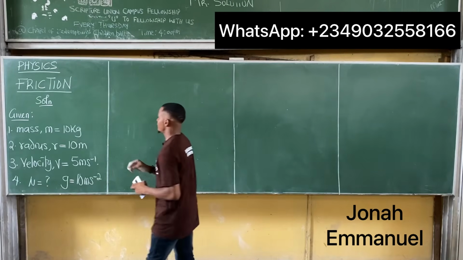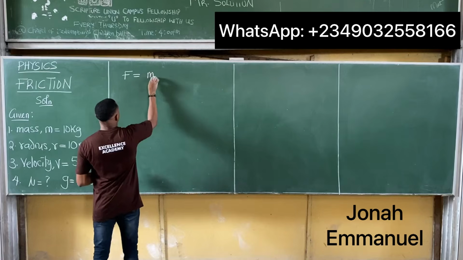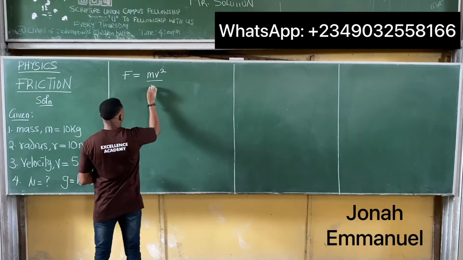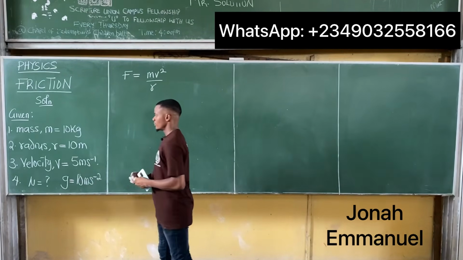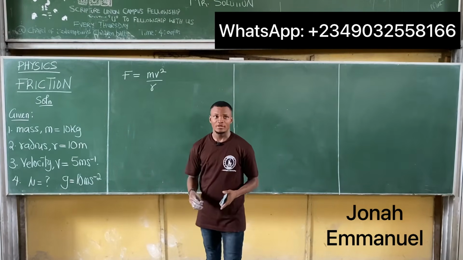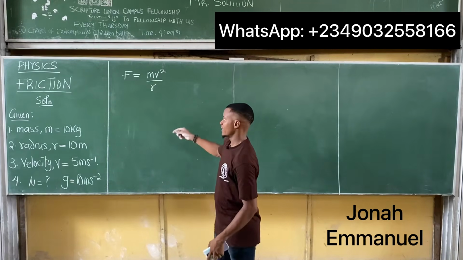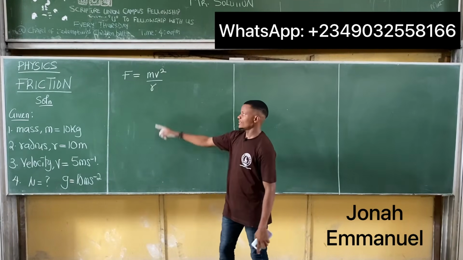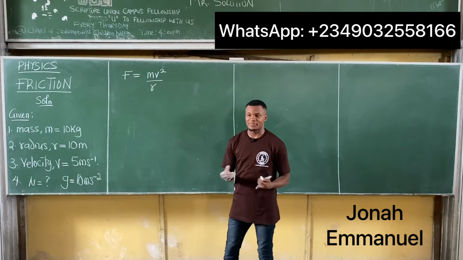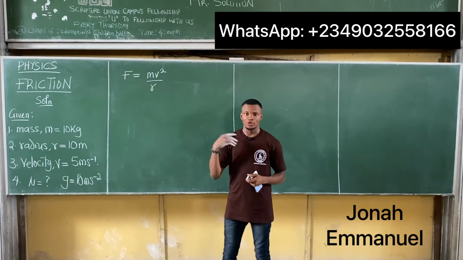And centripetal force F is given by mv squared all over R. So the kind of frictional force that will act here will be a centripetal frictional force, given by mv squared over R.